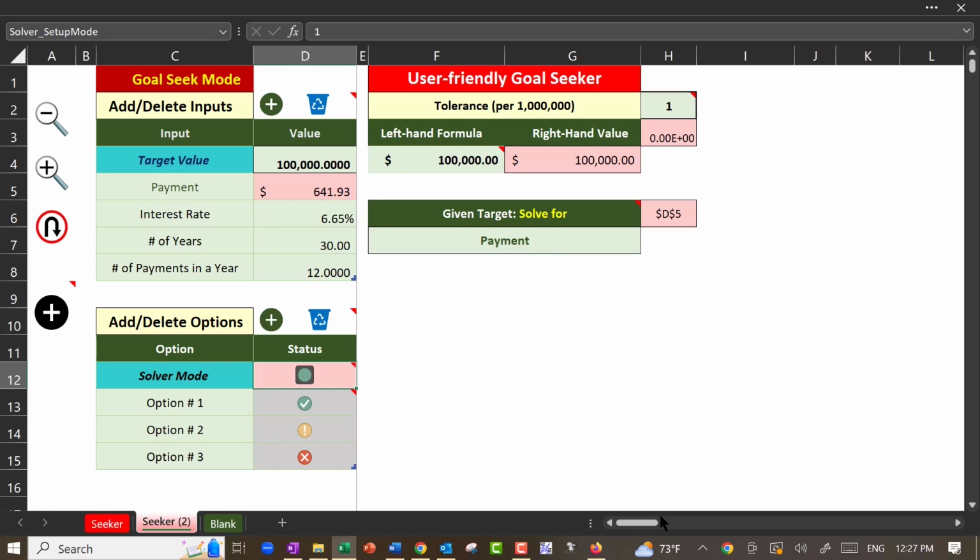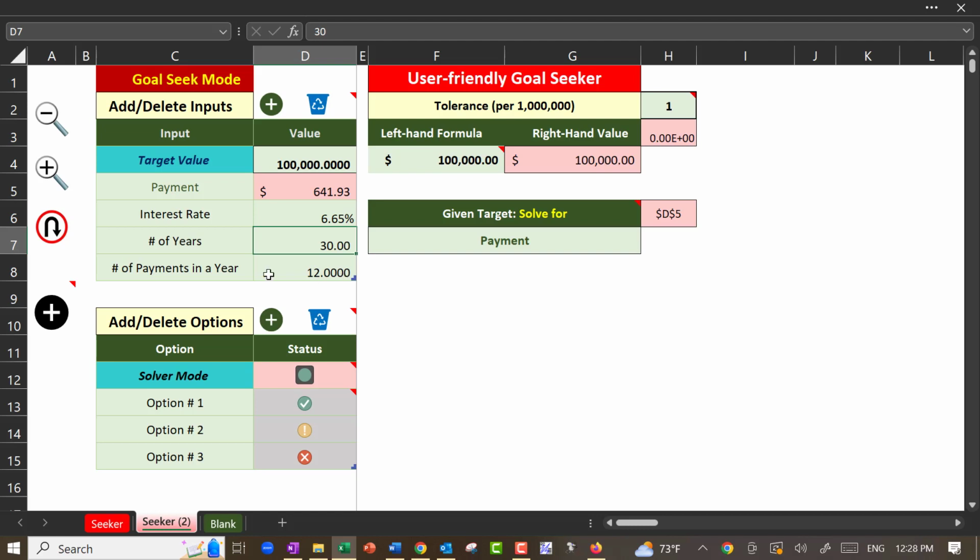Now suppose I wanted to ask the following question. I know I want to make payments of $500. That's the only thing I can afford. How long should my mortgage be, assuming I can't do anything about the interest rate? So I'm going to first change my unknown to number of years.